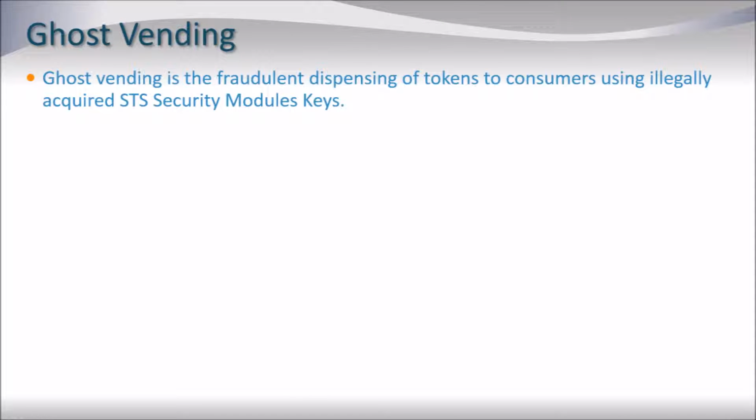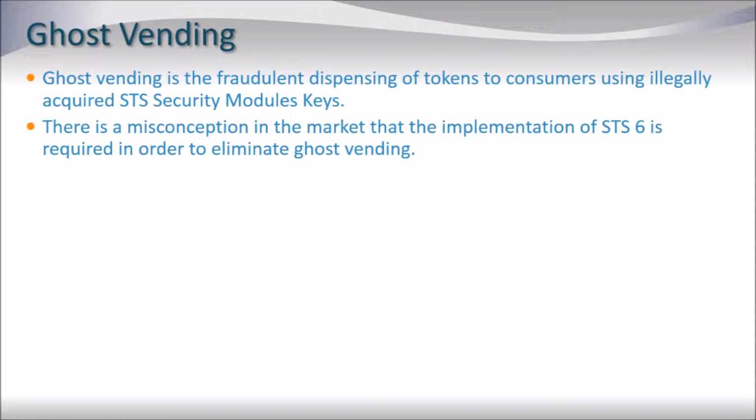There is one very important and further aspect that has somehow got confused with the TID rollover, and that pertains to ghost vending. Ghost vending is the fraudulent dispensing of tokens to consumers using illegally acquired STS security module keys. There's a misconception in the market that the implementation of STS 6 is a mandatory requirement in order to eliminate ghost vending.